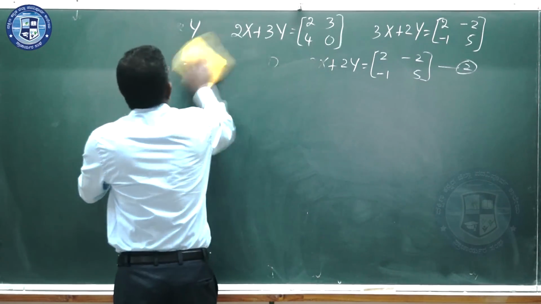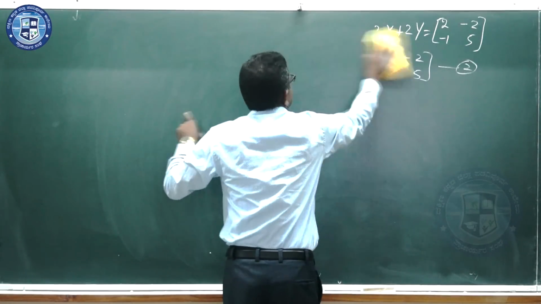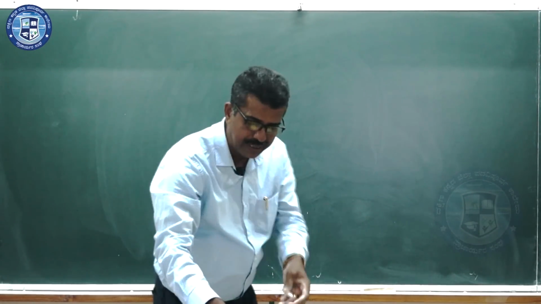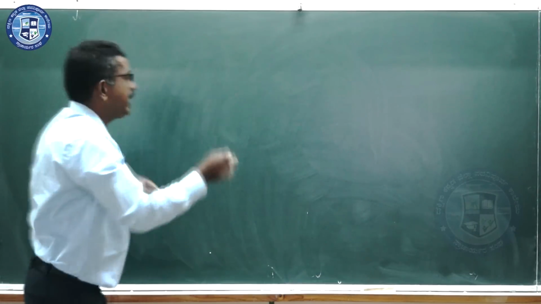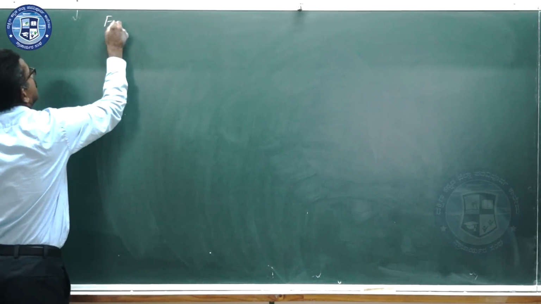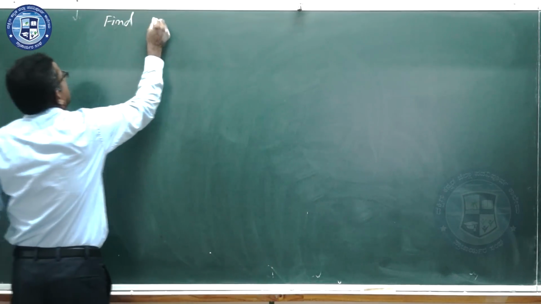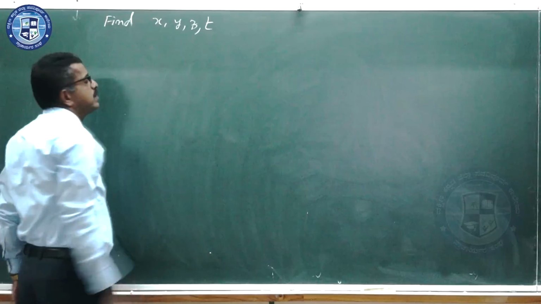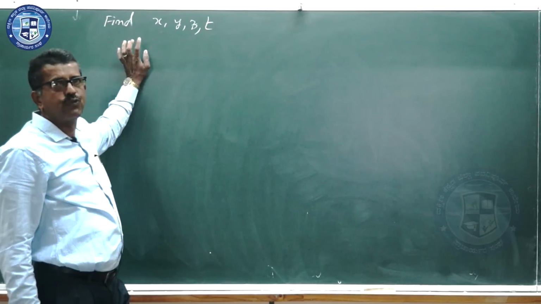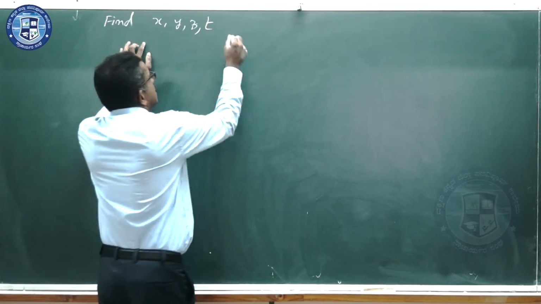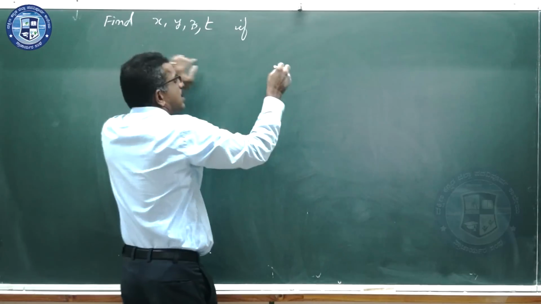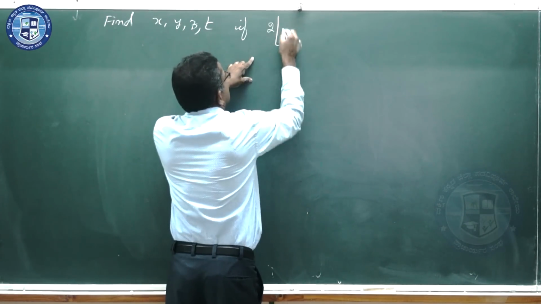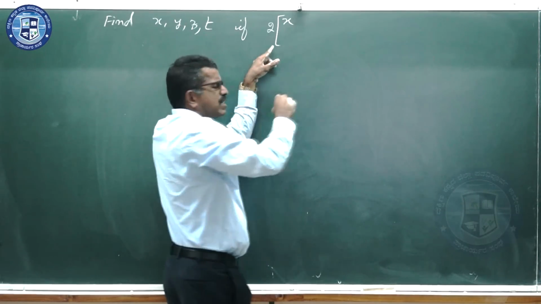You are asked to find the values of 4 unknowns, and those 4 unknowns are x, y, z and t. Find x, y, z, t. Find the values of these four unknowns given a matrix operation like this: 2 into the first matrix.